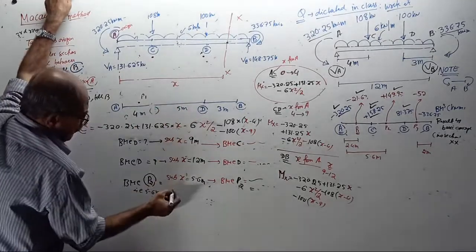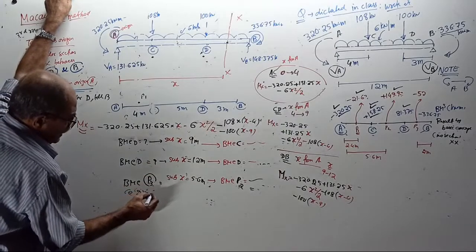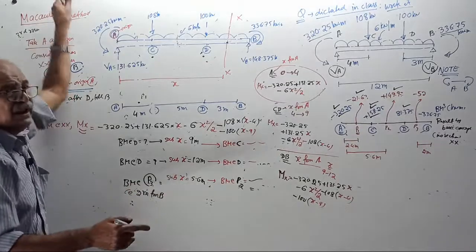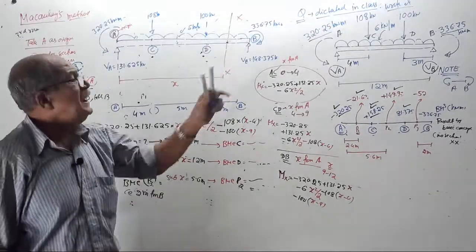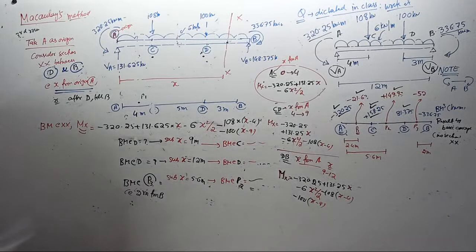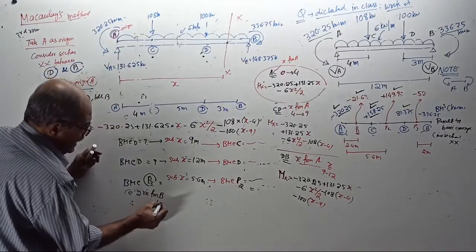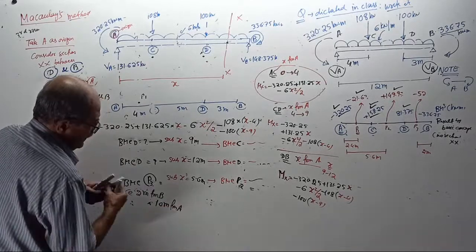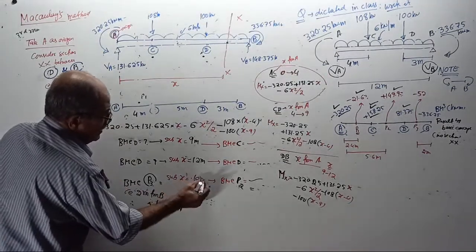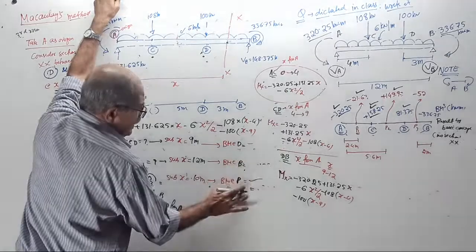And if I want BM at that point P3, that is 2 meter from B, therefore tell me how much meter from A? You cannot write 2 meter from B, I want the distance from A, not from B. It is 2 meter from B, so 10 meter from A. Therefore, substitute X equal to 10 meter. You get BM at D, at B, and at P3.